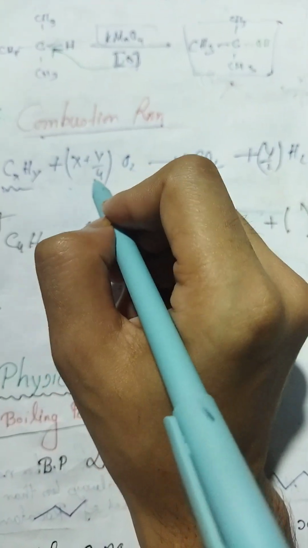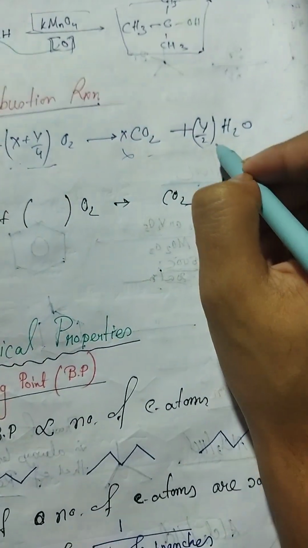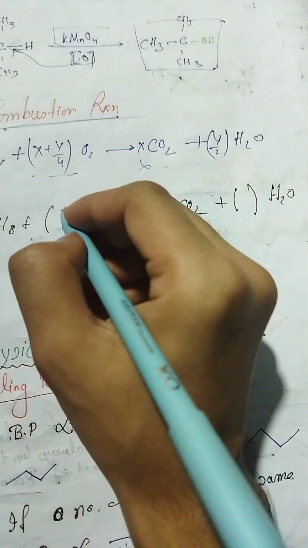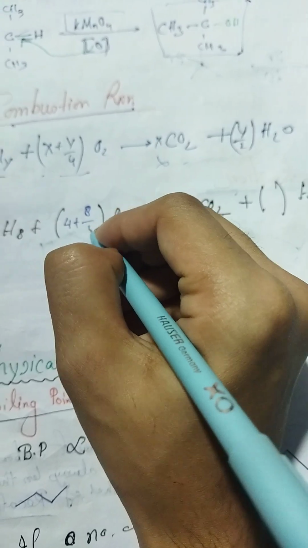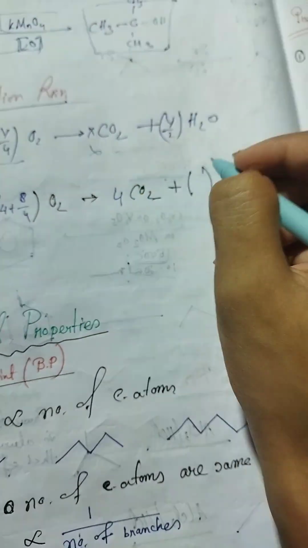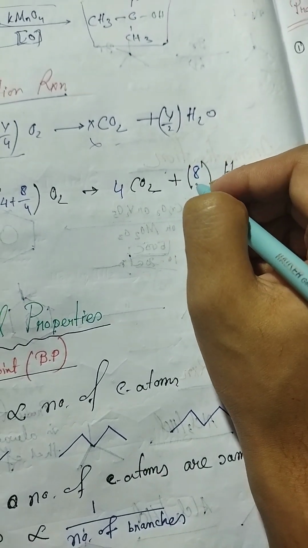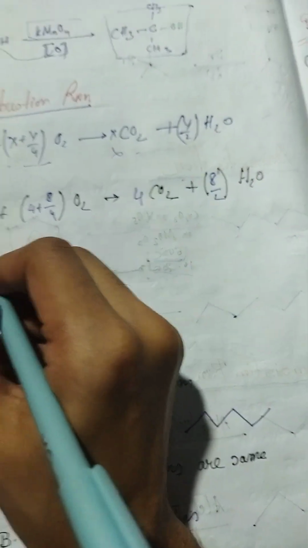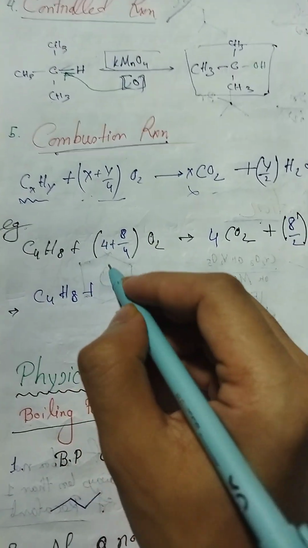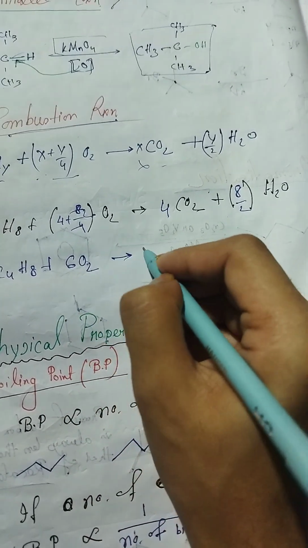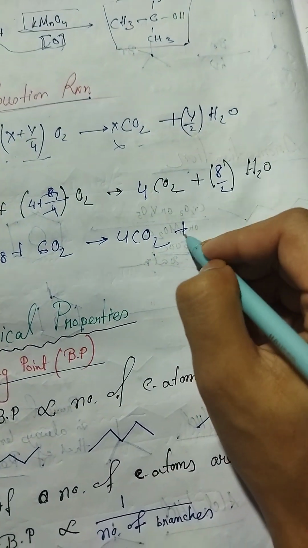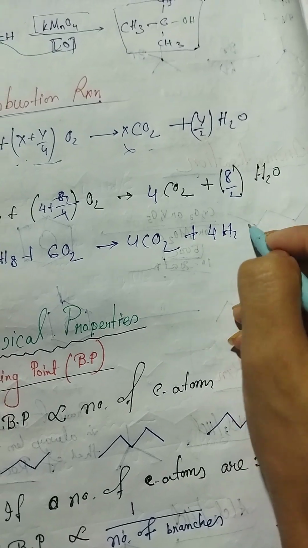CxHy plus x plus y by 4 O2 gives x CO2 plus y by 2 H2O. Here x is 4, y is 8, so y by 4 is 2. Here x is 4, here y by 2 is 4. C4H8 plus 6 O2 gives 4 CO2 plus 4 H2O.